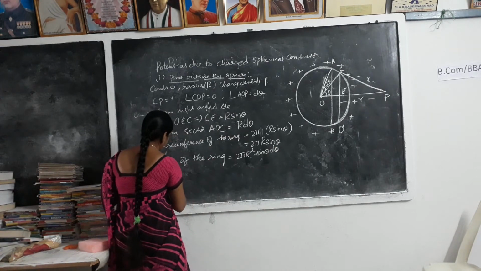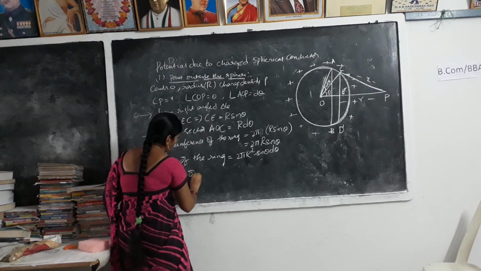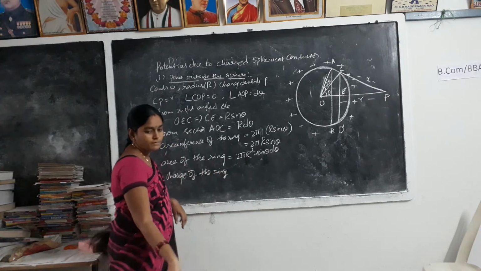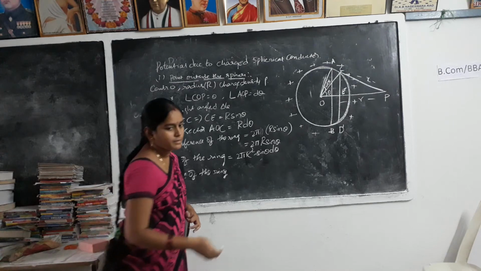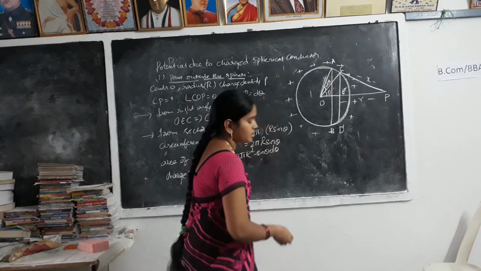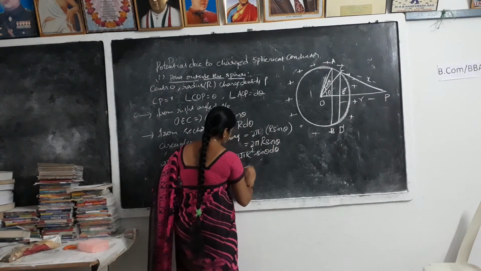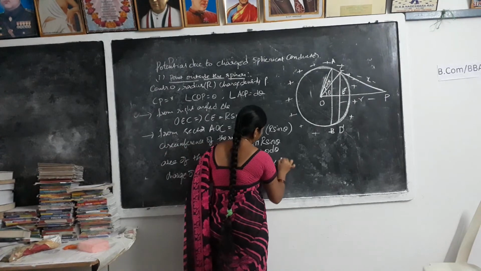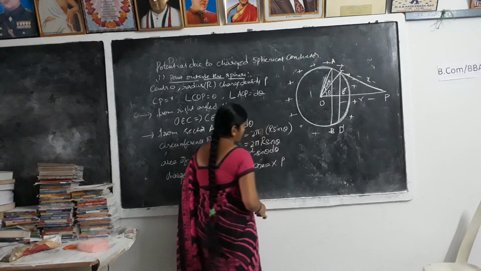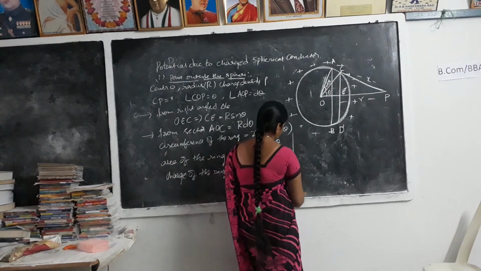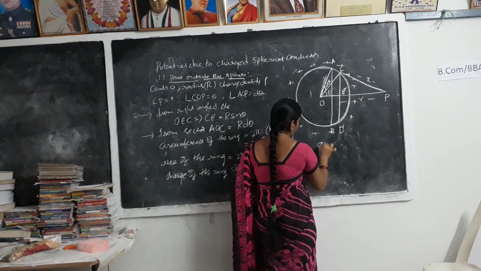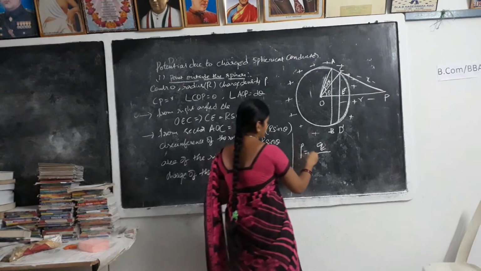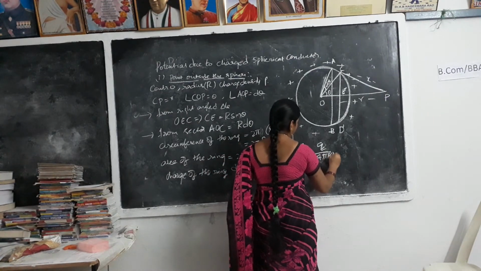Then the charge of the ring, dq. dq equals area of the ring times charge density rho. We know that rho equals total charge by area, and here area refers to the sphere, 4 pi R square.